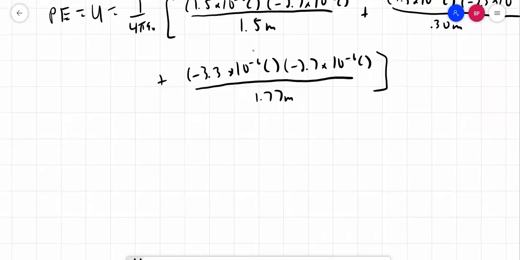All right, so if we put that all together, the potential energy in our system, which is also equal to the work required to assemble it, so I could ask this either way, is negative 0.13 joules. Okay, so it's negative because overall the system is attracted to each other.